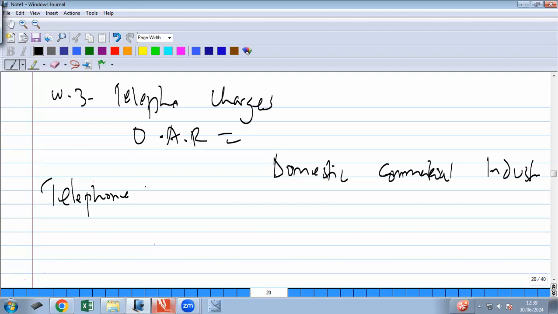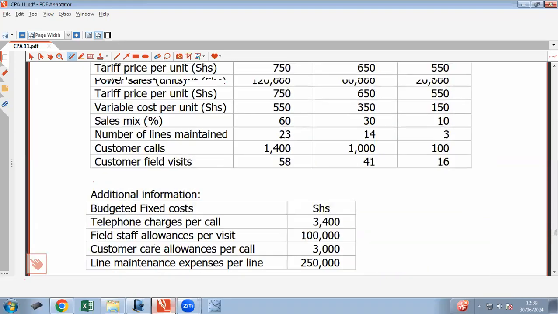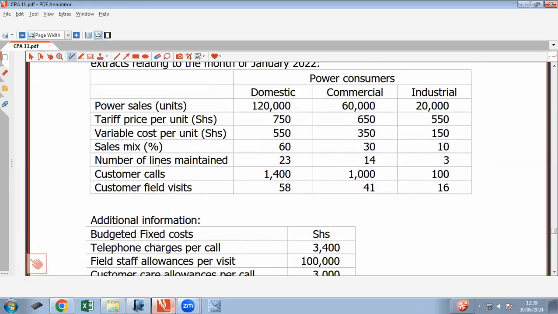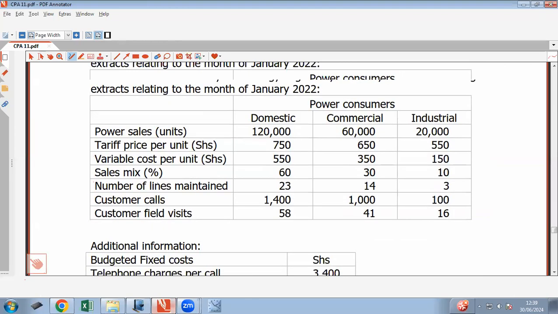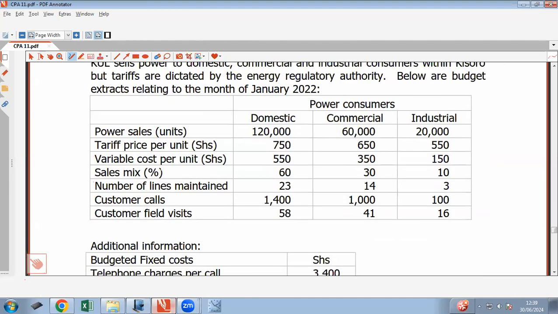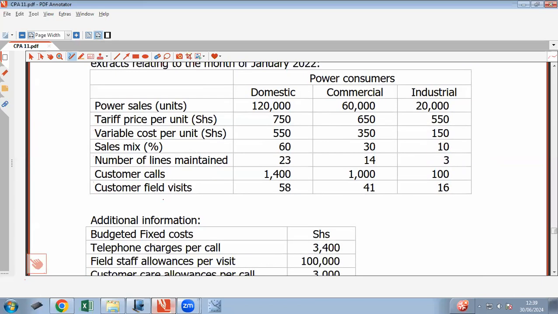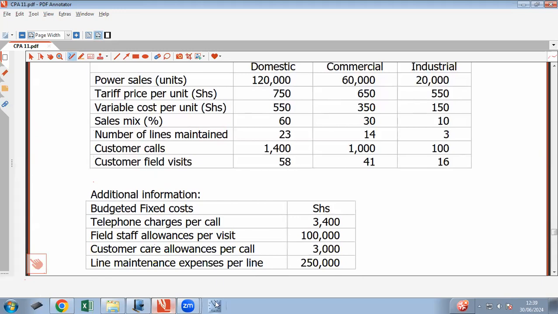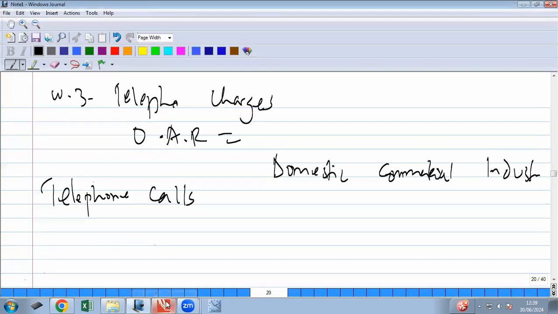So I'm going to have my telephone calls, right? Come to the schedule and find them. How many are they? You see, we have customer calls here, which is a 14.